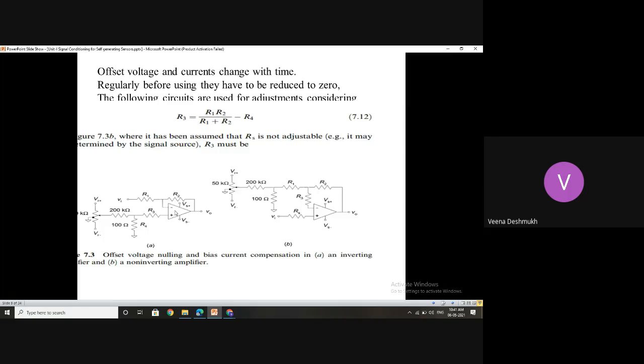And we already know that this offset voltage exists because there is a difference in the bias currents. By reducing one of the bias currents in the proper direction, positive or negative, we can reduce the difference, that is IP minus IN, to zero. By doing this, IIO can be reduced to 0.